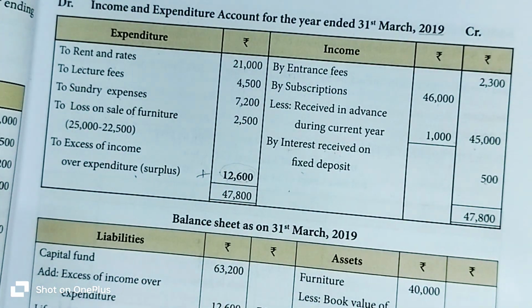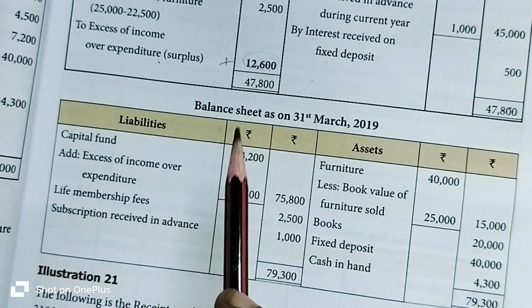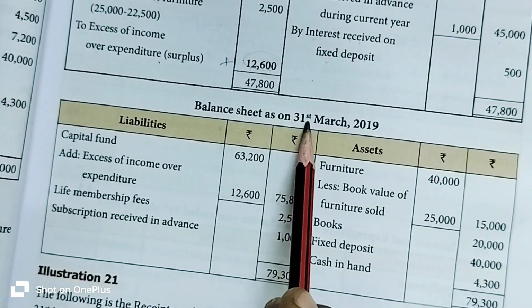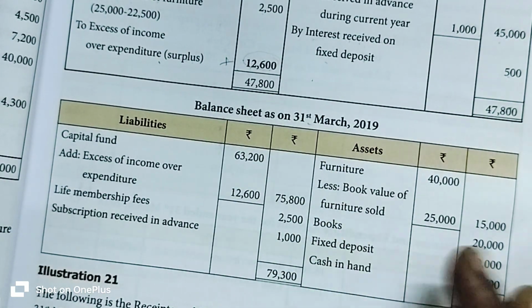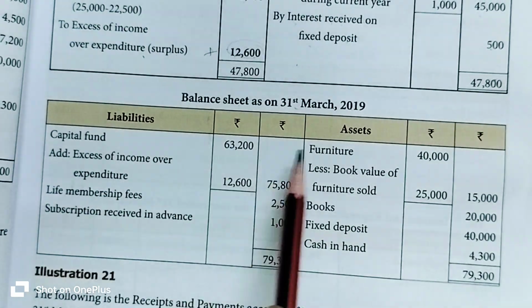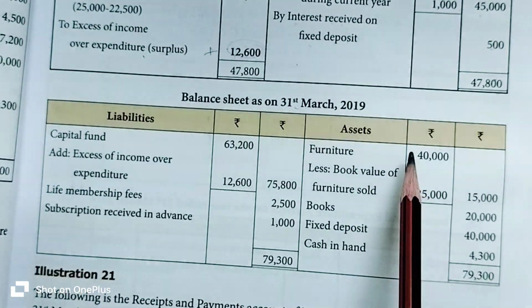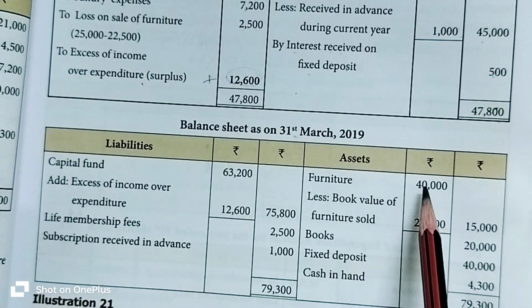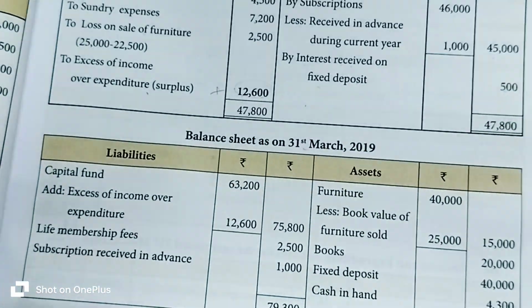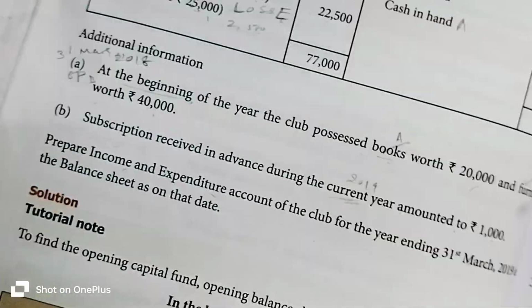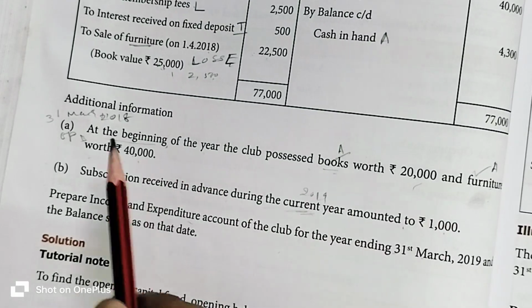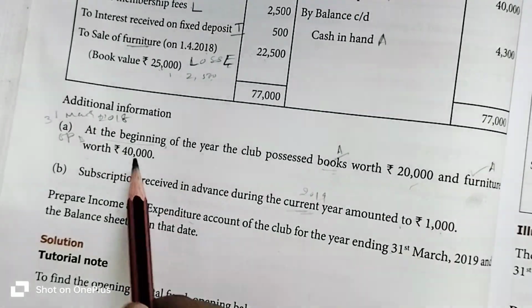Okay, now we are going to prepare the balance sheet. The heading is balance sheet as on 31st March 2019. Then the asset side, furniture. Listen, the opening balance of the furniture is 40,000 rupees.